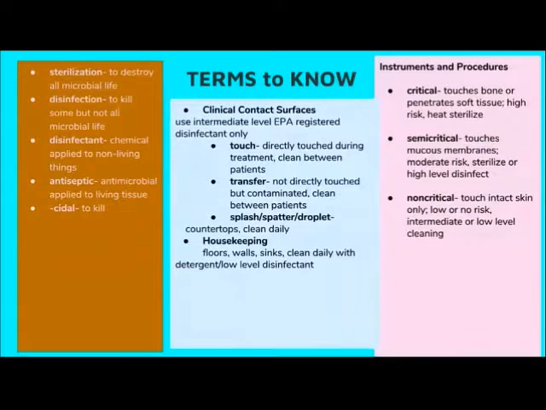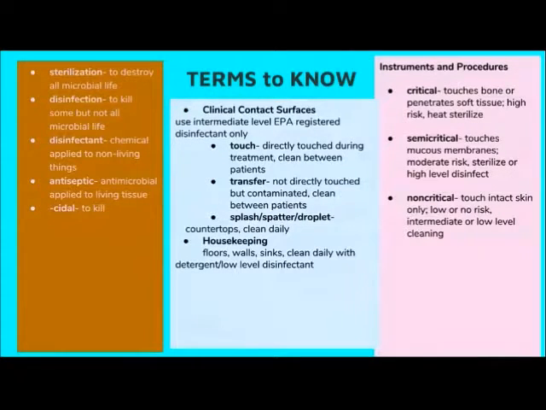The way that we say this is disinfectants are for inanimate objects, which means things that are not alive, and antiseptics can be used on living tissue. Anything that has a "cide" after it means that it kills whatever is before it. So homicide is to kill a man or a person.